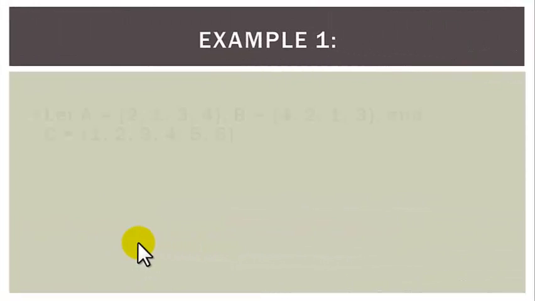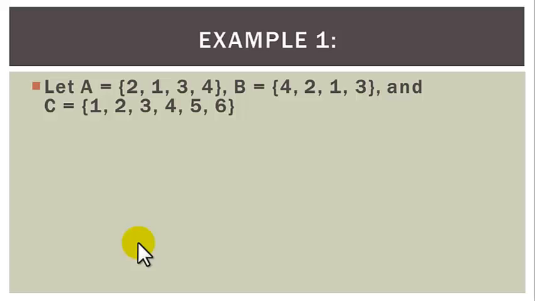Example 1. Let A be the set containing the element 2, 1, 3, and 4. B the set containing the element 4, 2, 1, and 3. And C is the set containing the element 1, 2, 3, 4, 5, and 6. Then 1.